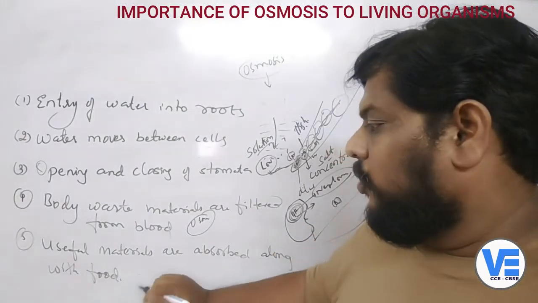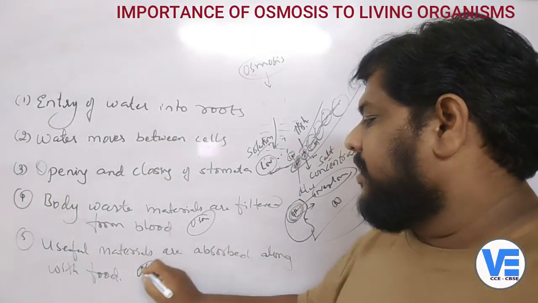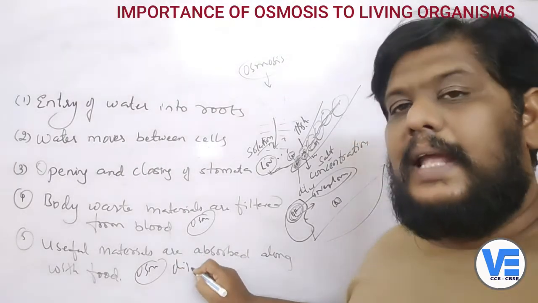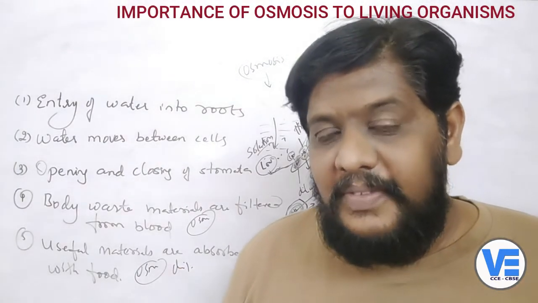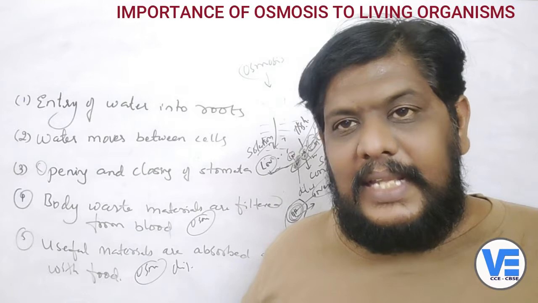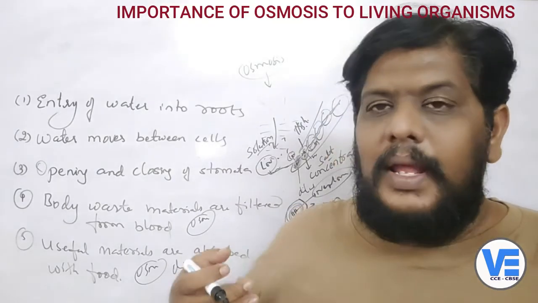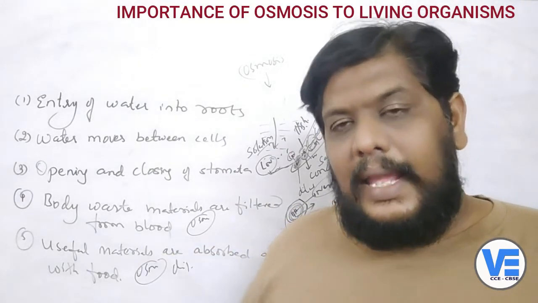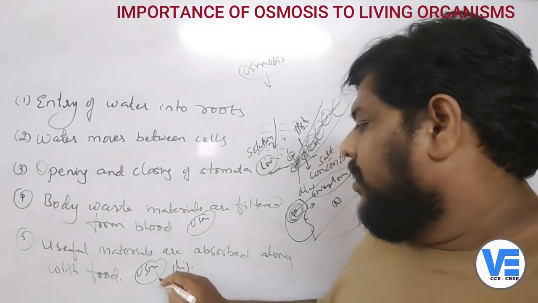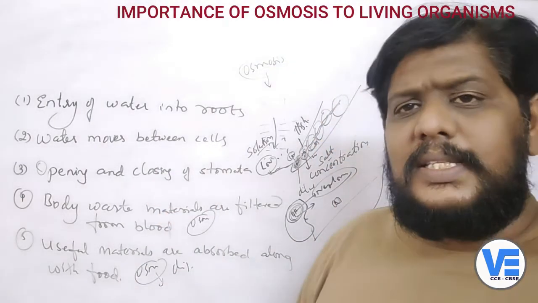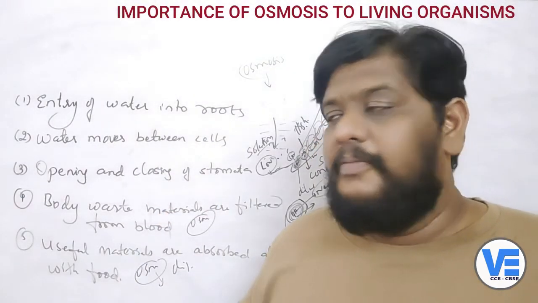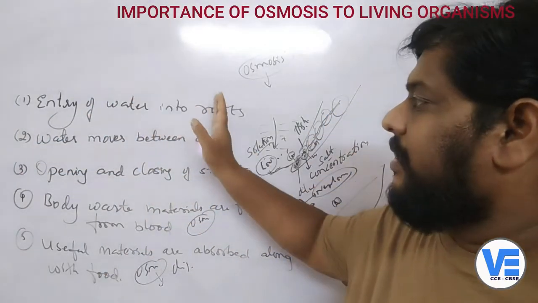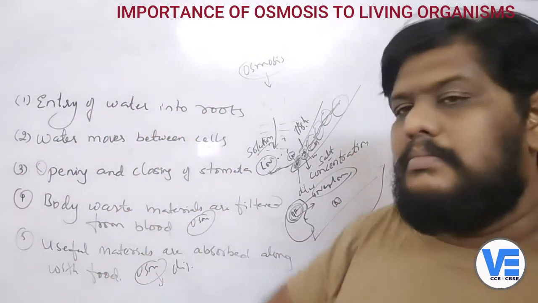So this is also through the process called osmosis, especially when there is digestion, or when the digestion finishes, whatever food is there will be absorbed and sent into the blood. Again, there is a process which is nothing but osmosis. So osmosis is a process which is really helpful to each and every plant and also animal.